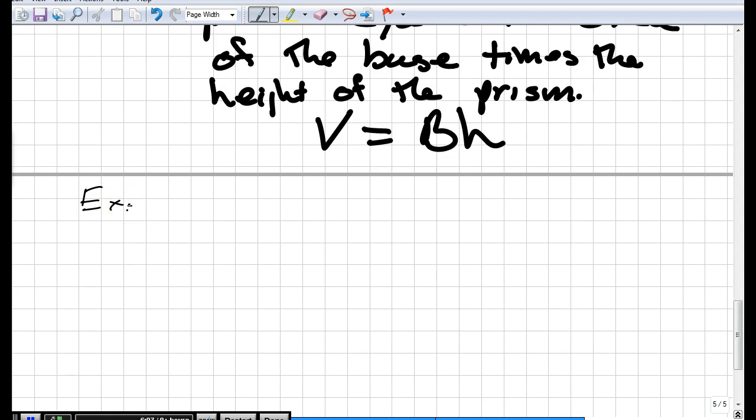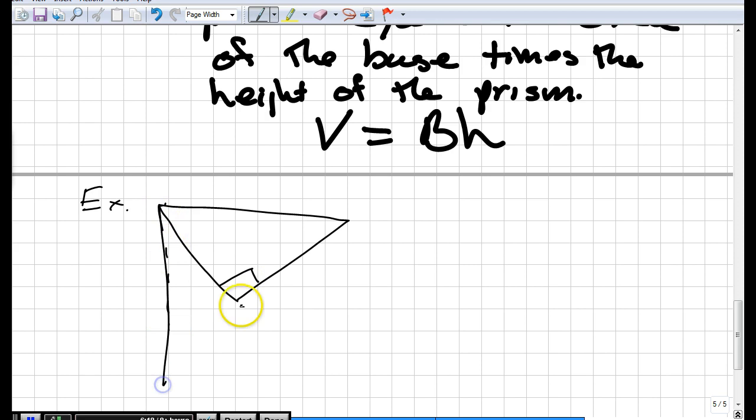Okay, so let's say I have a prism whose bases are right triangles.